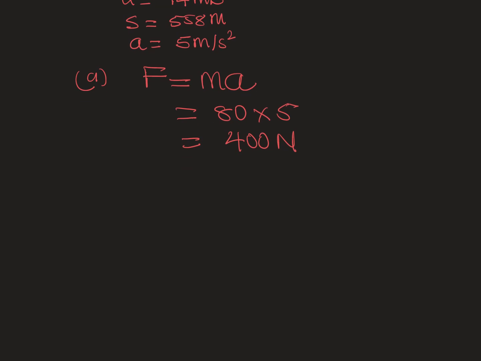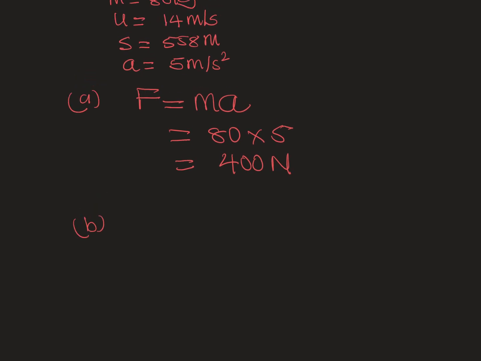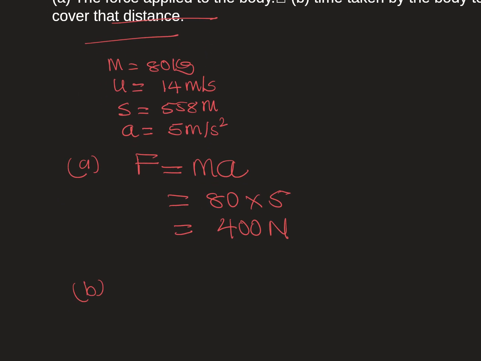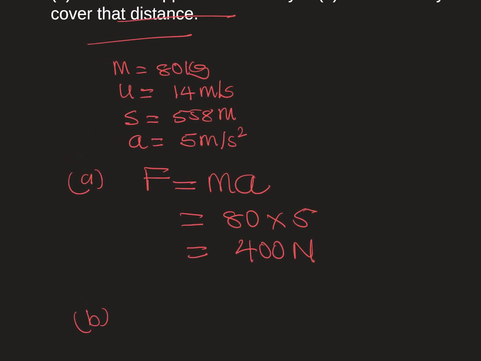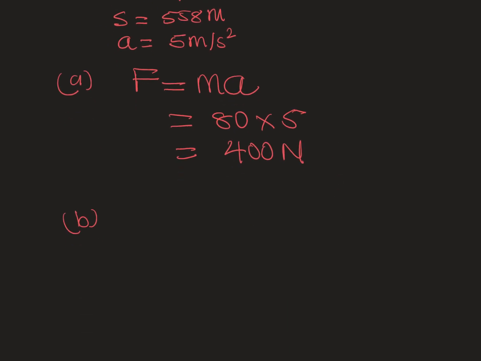So the second question is to find the time. From the equations of motion, if I am given the initial velocity, the distance, and the acceleration, I need to use the formula s equals ut plus half at squared.